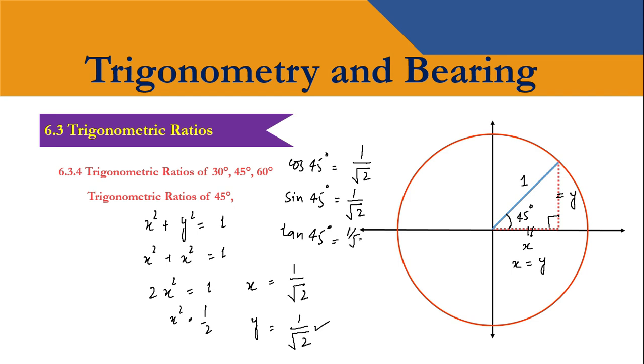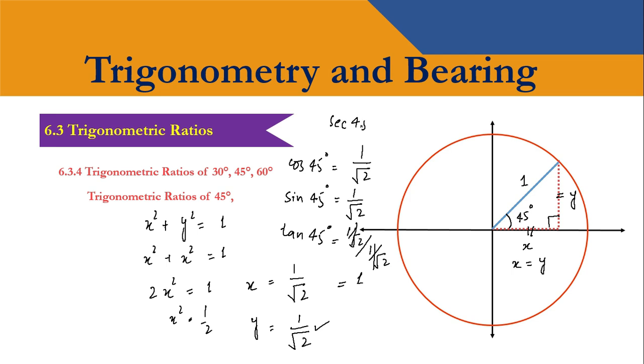So 1 over root 2 divided by 1 over root 2, both cancel each other, and the answer is 1. So tan 45 degrees is equal to 1, and the rest of the three ratios you can find easily by taking the reciprocal of all these three values.